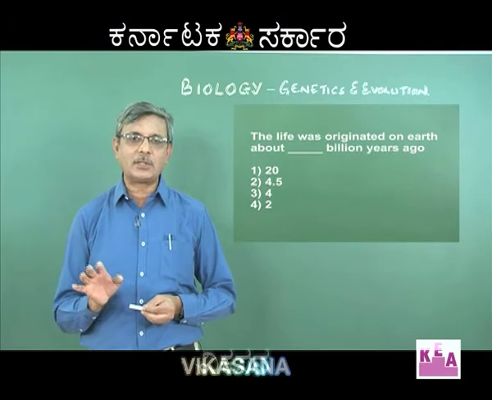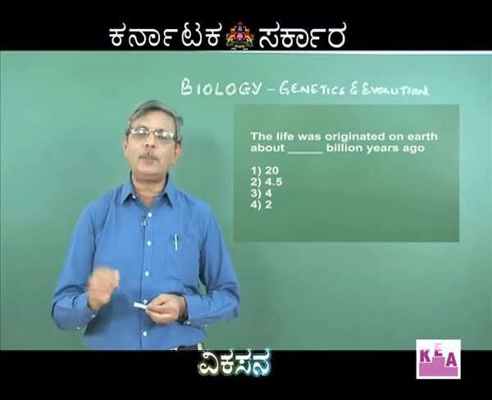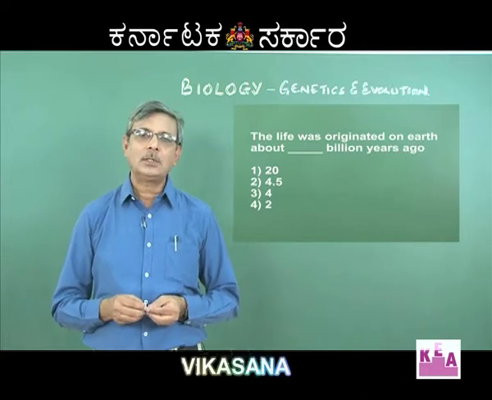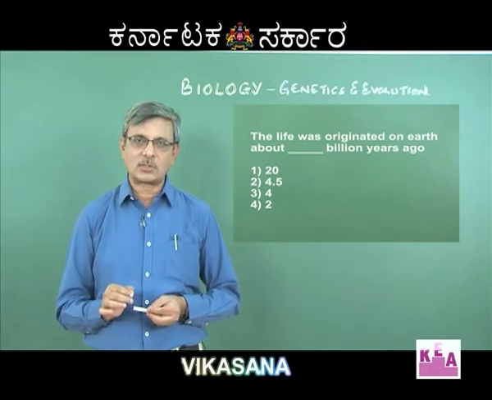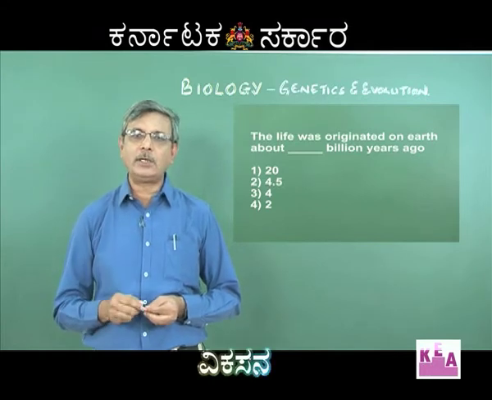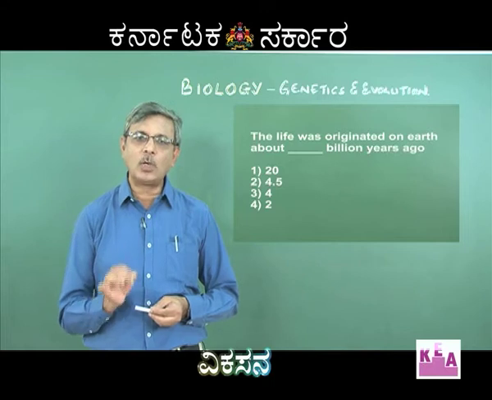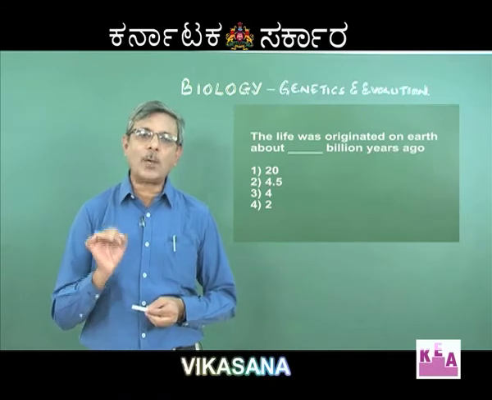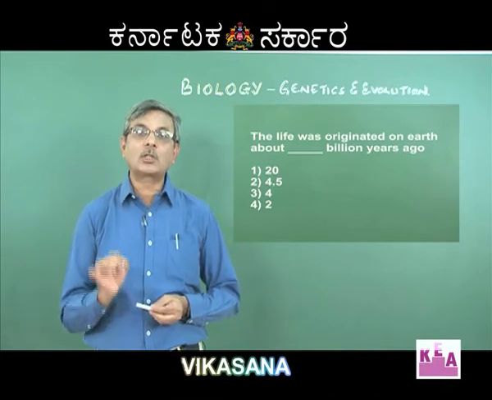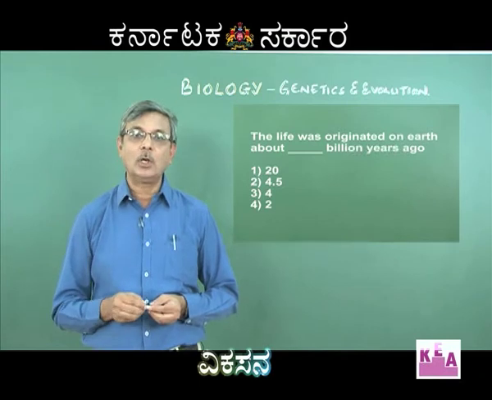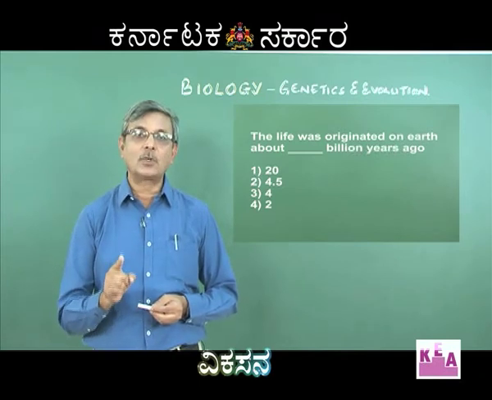Option 1 says 20 billion years. I hope all of you have read in the book that the entire universe was predicted to have originated about 20 billion years ago. So option 1 is for the origin of the universe. And 4.5 billion years ago the earth was formed. 4 billion years ago the first life was formed.